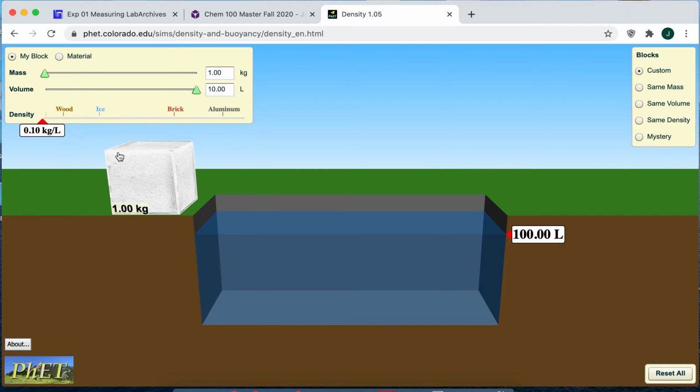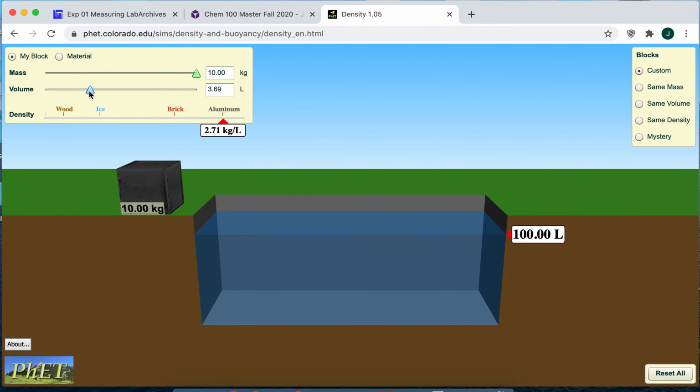According to this simulation, as you can tell, the higher the density, the more your block is going to sink. The lower the density, most of the time your block is going to float. So if you create something with very high density, you're going to have maximum mass and a very small piece. It takes very little space, but it's very heavy.